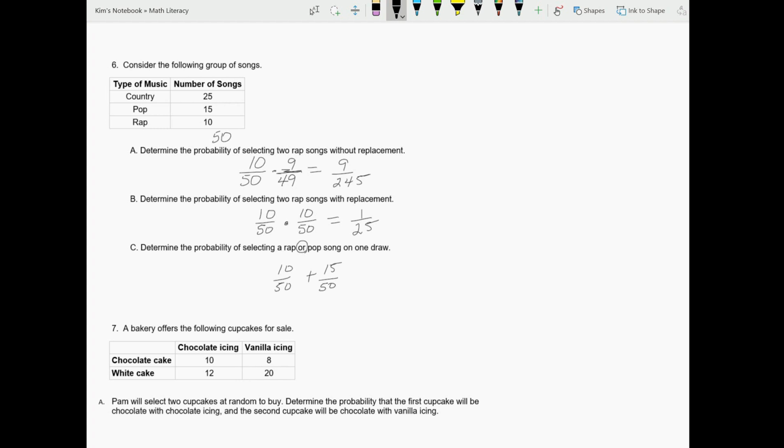And when I add those together, I get 25 out of 50, and that is 1/2. Now I could have done this problem differently. I could have added the rap and the pop together instead, that is 25, and just gone straight to favorable outcomes over total possible outcomes.